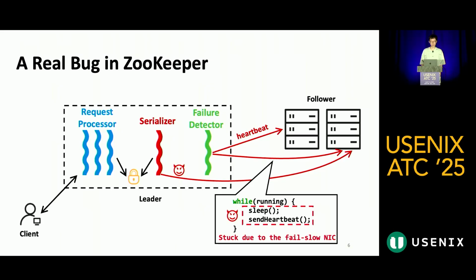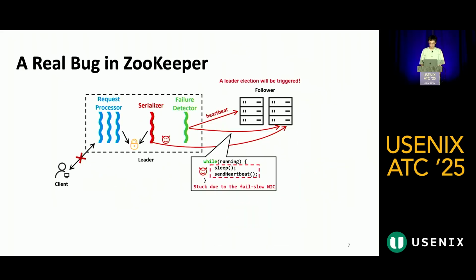Therefore, the follower will exclude the leader from the cluster and start a new leader election, which drives the cluster into a healthy state. And the client will disconnect from the old leader and try to connect with the new cluster, so the previous bug does not occur in this scenario.